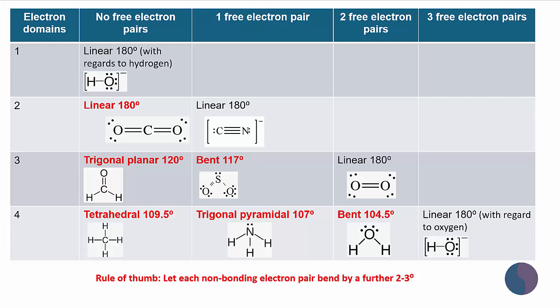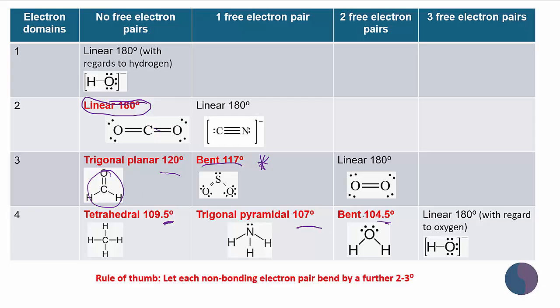So this is the actual table then. You need to remember it's a linear 180, which shouldn't be too difficult. And trigonal shouldn't be too difficult either, because it makes up a 360 degree circle evenly divided into 3. 360 divided by 3 is 120. So the trickier ones I would say are here, bent 117, the 0.5s as well, and then trigonal pyramidal as well.